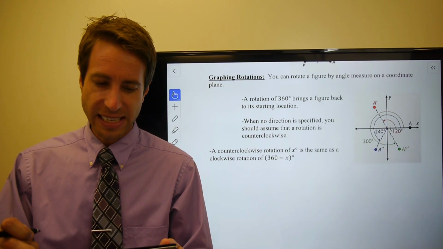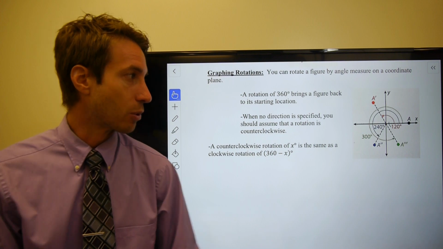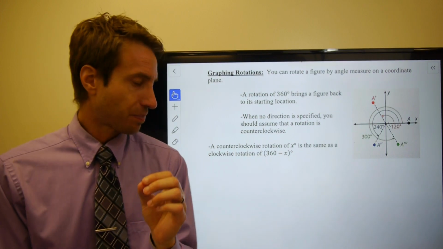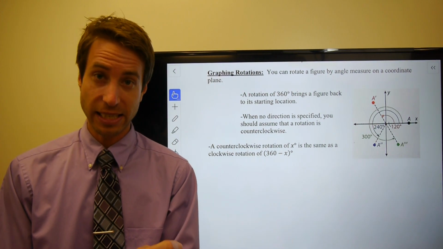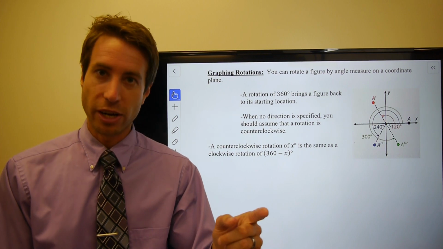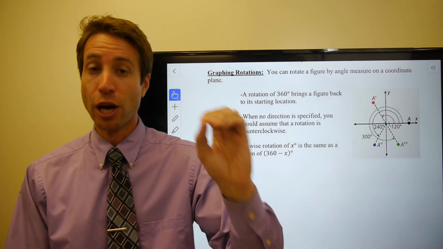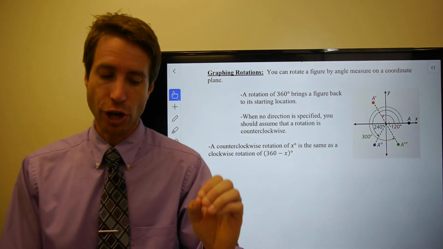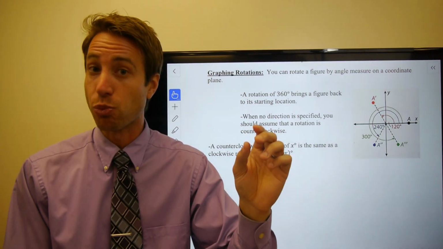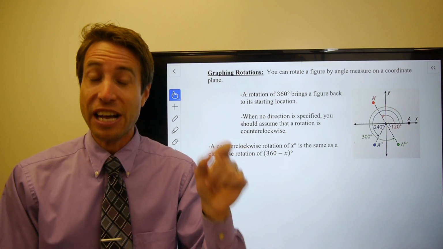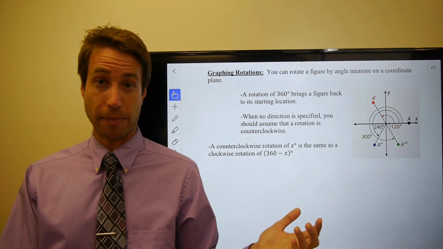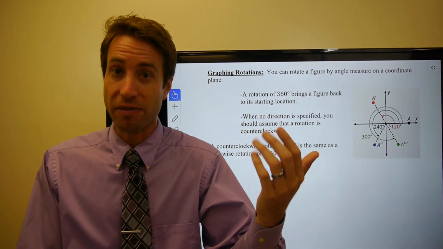Some common things to talk about when it comes to graphing rotations. First of all, 360 degrees, you guys are familiar with this. 360 degrees is all the way around a circle and will bring you back to the original image. So if you're given an image and asked to rotate it 360 degrees, the image and the pre-image are the same, right? They lie on top of each other.